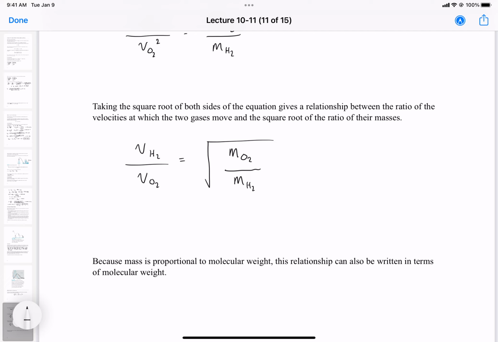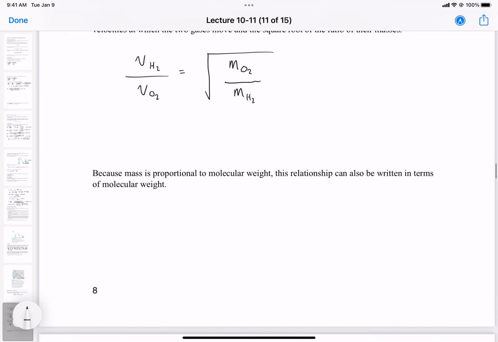And then more mass of oxygen to get a mole. So it's directly proportional here. So in this case, we could just simplify this to just the molar mass. Okay? Molar mass of O2 over the molar mass of H2. Okay? Here we go.